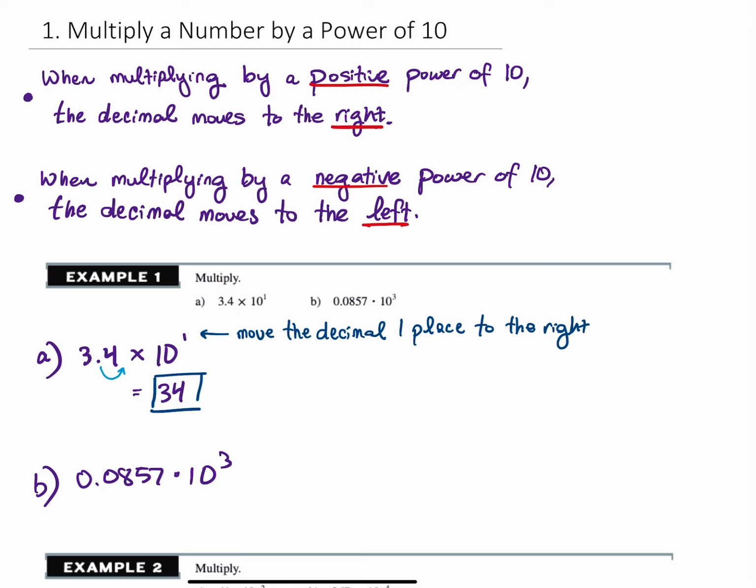It can have other mathematical meanings as well, so a lot of times we see this dot notation. So 0.0857 times 10 to the third. I'll imagine picking up that decimal point and moving it to the right 3 spaces, and that will be its new location. So this should be equal to 85.7.